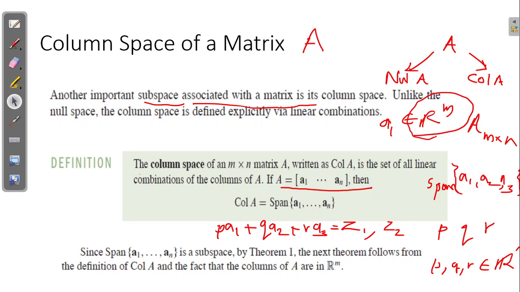Rm is a vector space; we have already proved that, and generalized that Rn is a vector space.